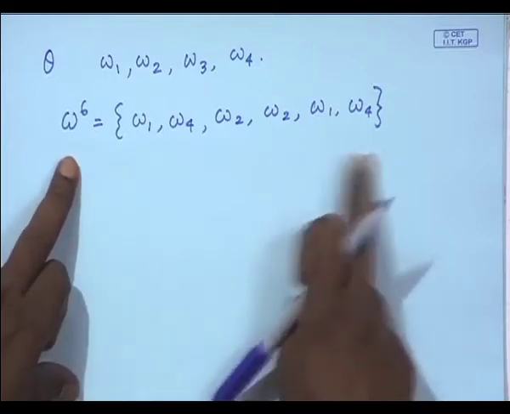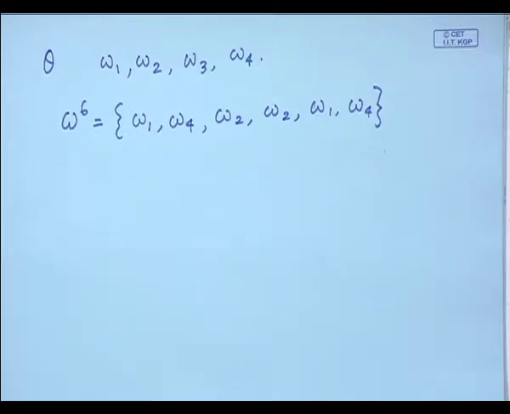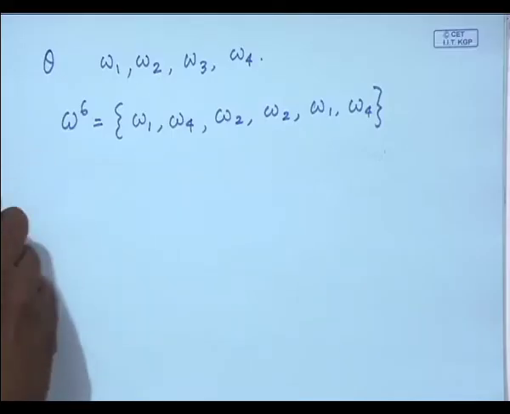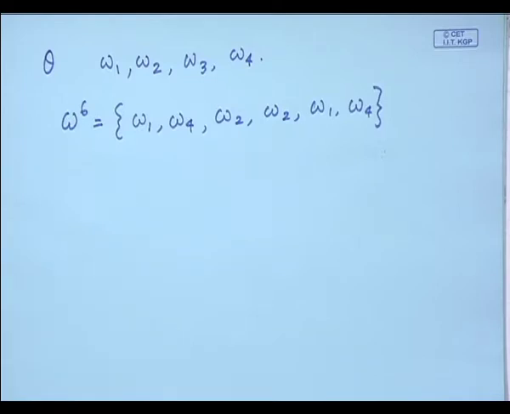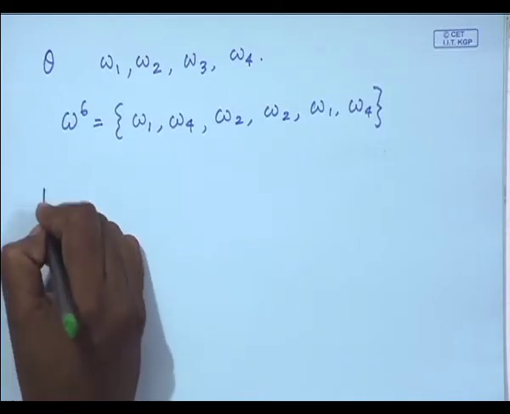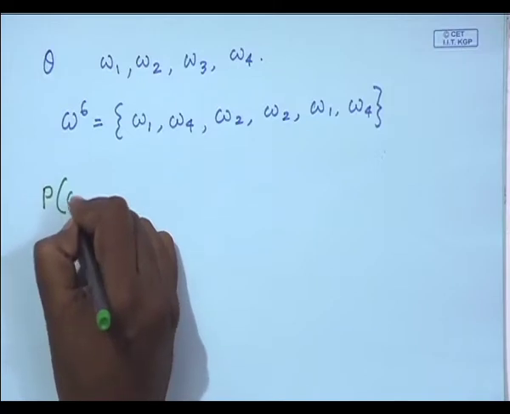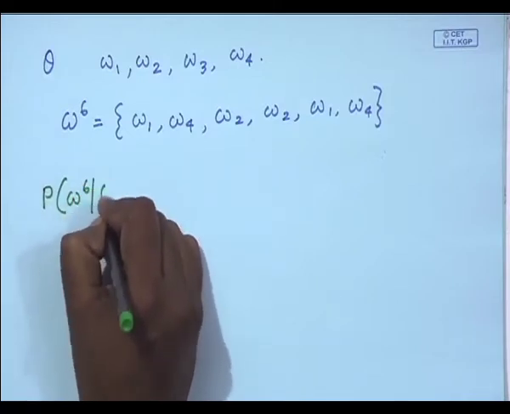Now, given this, I can find out the probability that machine theta has made this sequence of transitions. How can I do it? What I have to find out is the probability of omega 6 given theta.